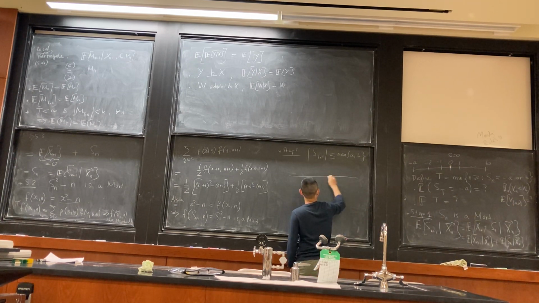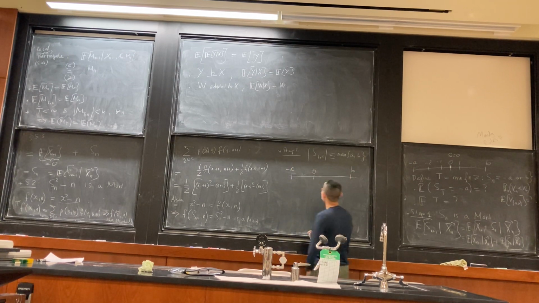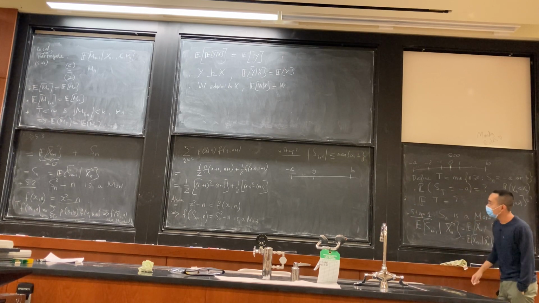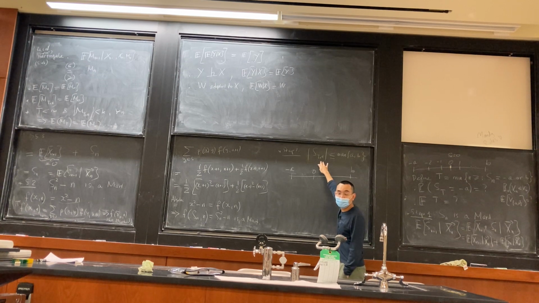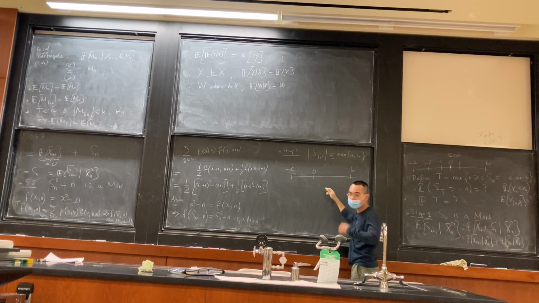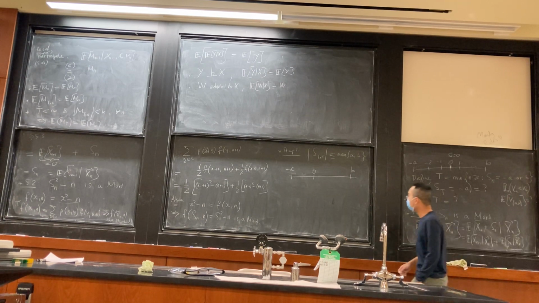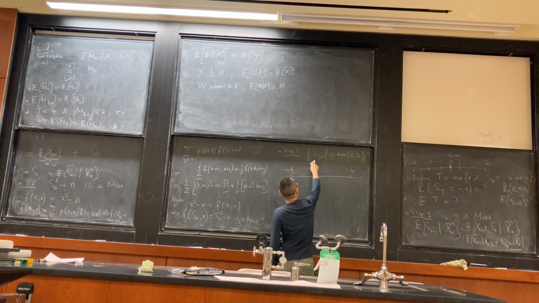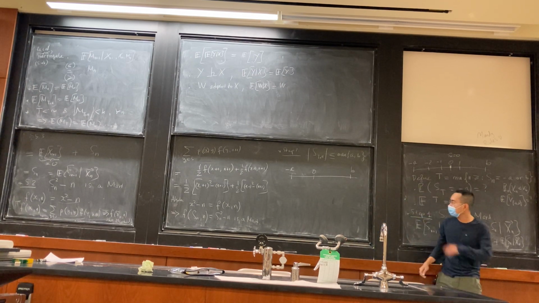Think about it. From here, negative a to b: where can this random variable T minimum n be located? That means I have not really reached the boundary yet. I am still inside of this interval. And that's why the absolute value of this is trapped by the maximum of a and b.